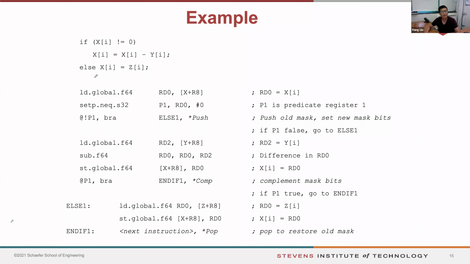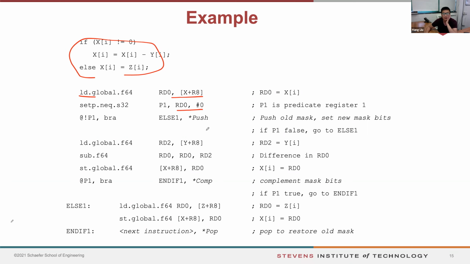This is the thing I mentioned. If x[i] is not equal to 0, we do x[i] equals x[i] minus y[i], else we do x[i] equals z[i]. Here's the PTX. First we load the data of x[i], and then we set the predicate for register i.